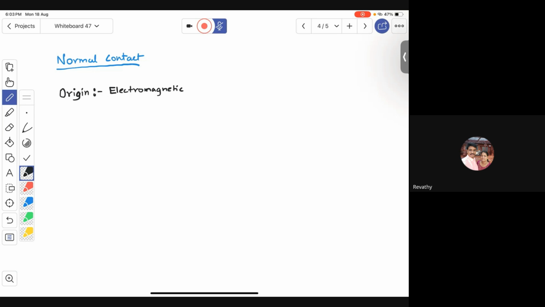But why electromagnetic? Suppose I try to touch two of my fingers, but really nothing ever touches, because when I bring two of my fingers very close, what happens? The electron cloud of one finger will be repelling the electron cloud of the other finger, and that force of repulsion that we feel, that is what we consider the sensation of touch, but nothing ever touches.